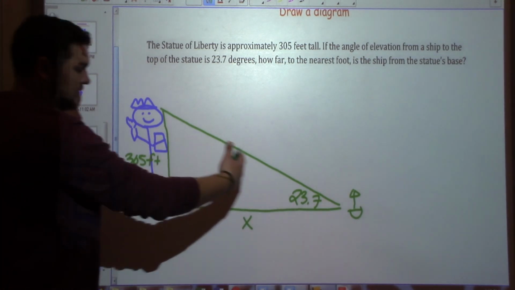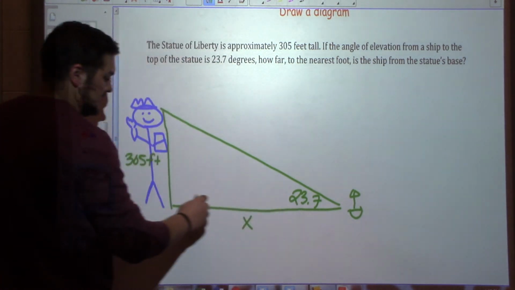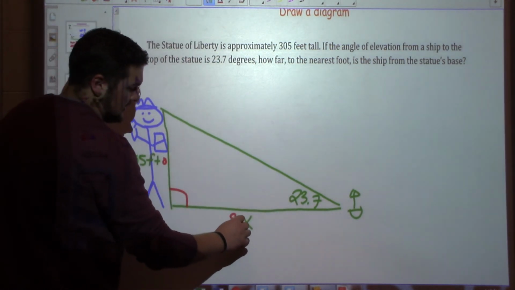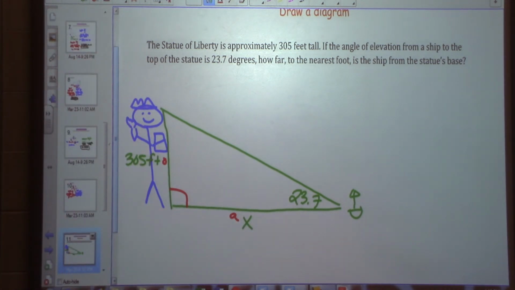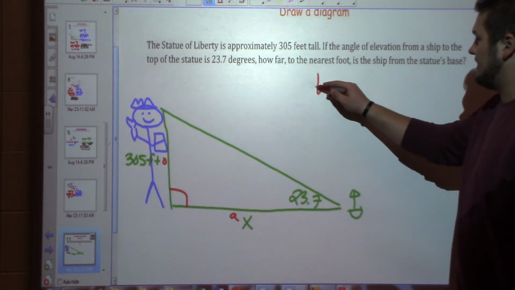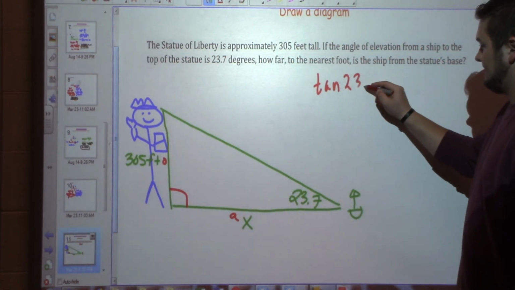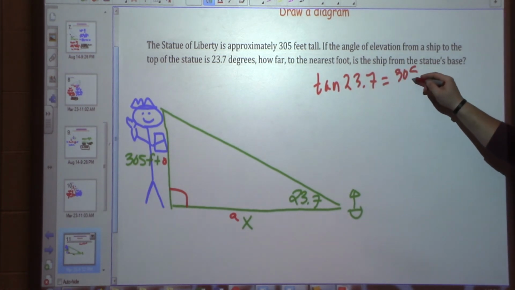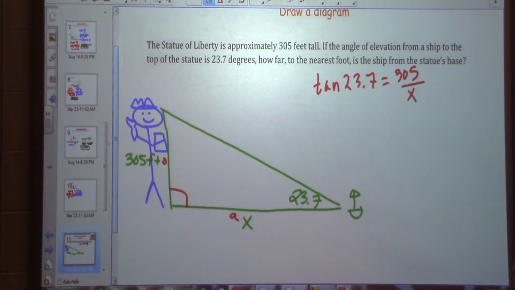So I know I'm using 23.7 degrees. Straight across is my opposite. X is my adjacent. So I'm using tangent once again. Opposite over adjacent gives us a tangent. So tangent of 23.7 equals the opposite, 305, over X. What should I do here?